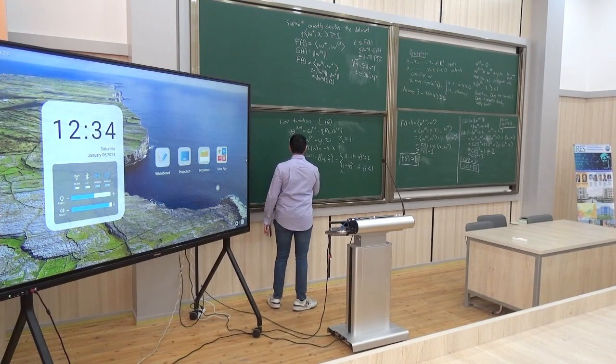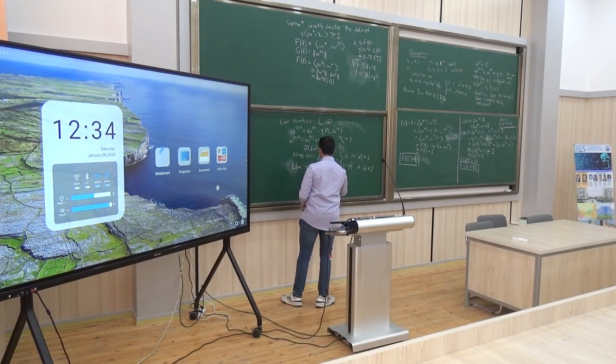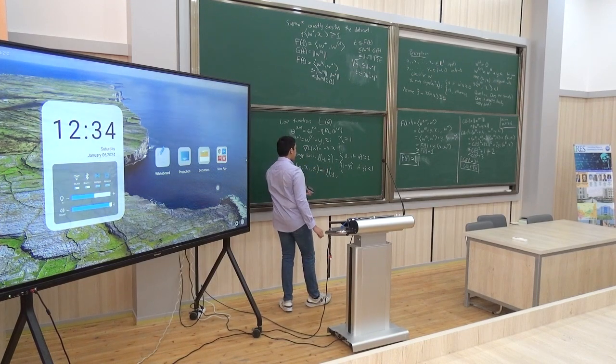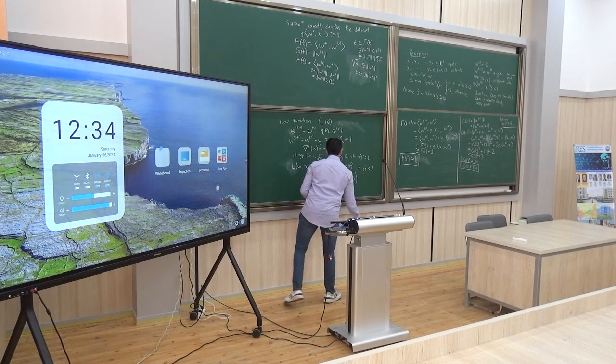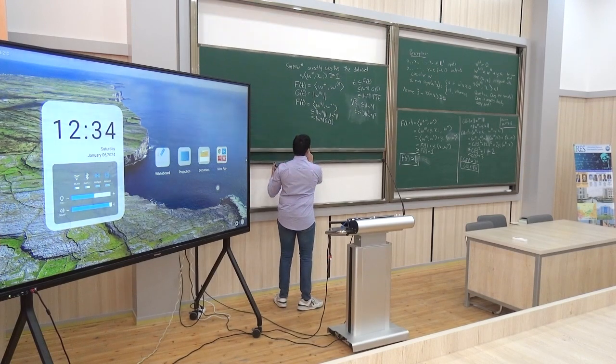So let's say the loss of W with point xi and yi is equal to the loss of, well, the actual value is yi, and we compare it against the predicted value, which in this case is equal to W with xi. Okay, so that's how we define this, and we want to compute the gradient.